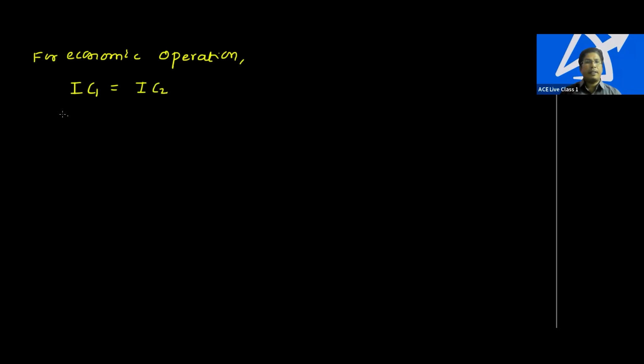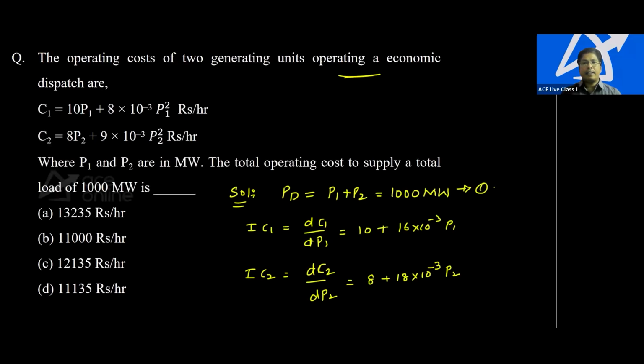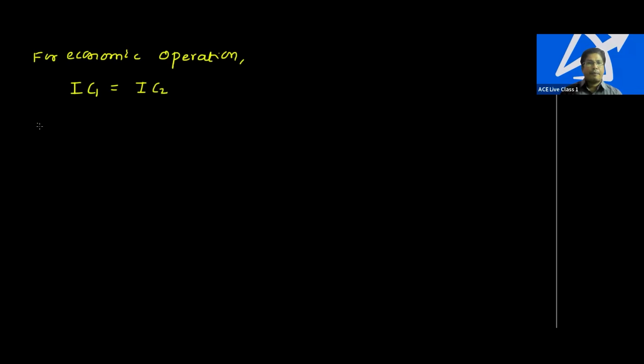What is the incremental fuel cost of plant 1? We got it as 10 plus 16 × 10^-3 P1, which is equivalent to 8 plus 18 × 10^-3 P2.